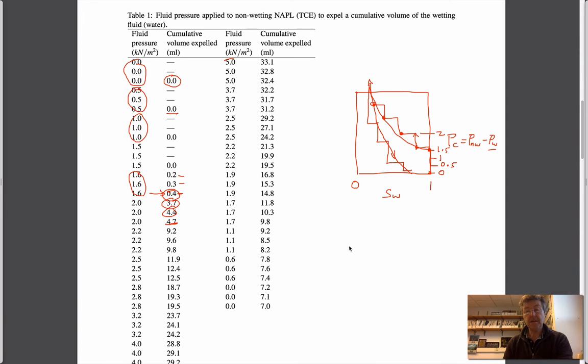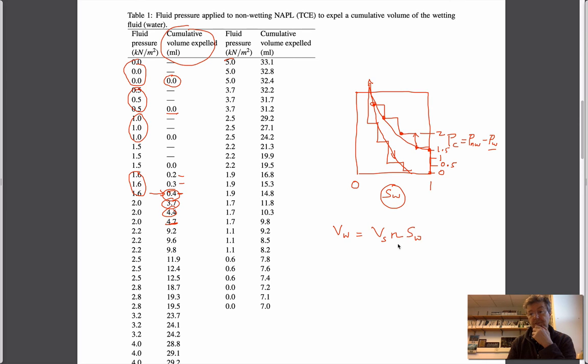So the only wrinkle is that you have to convert these cumulative volumes expelled in milliliters into saturations. And so we know that the volume of water is equal to the volume of the sample multiplied by porosity multiplied by saturation.